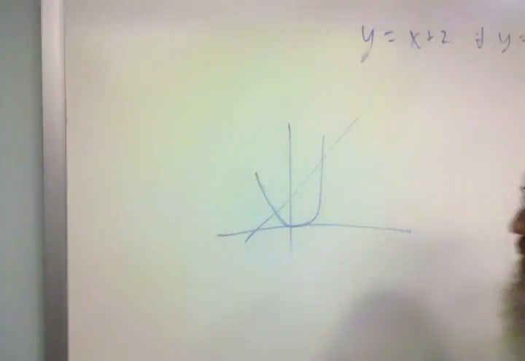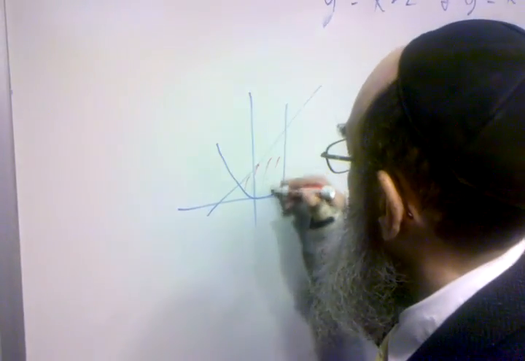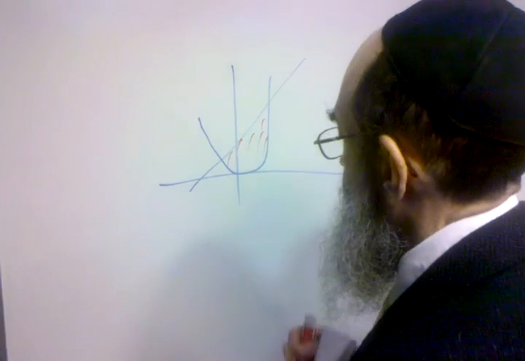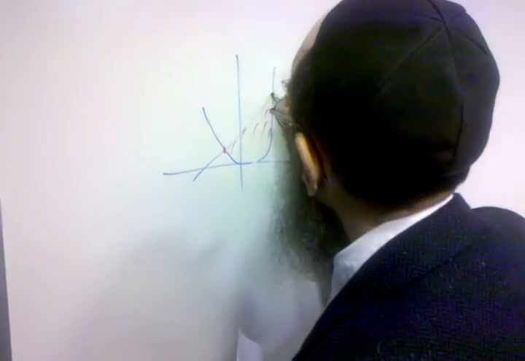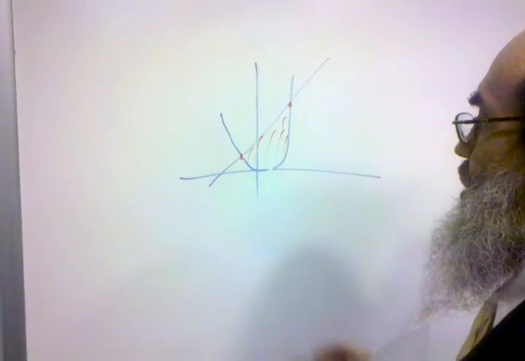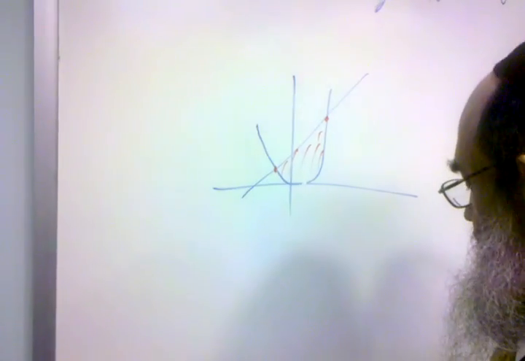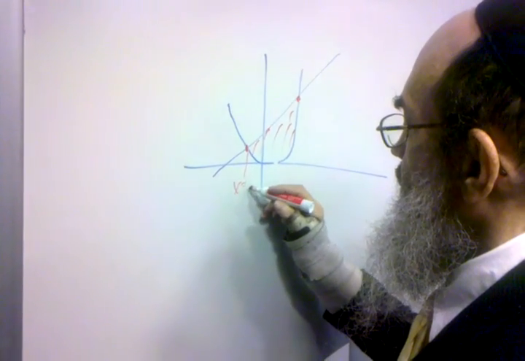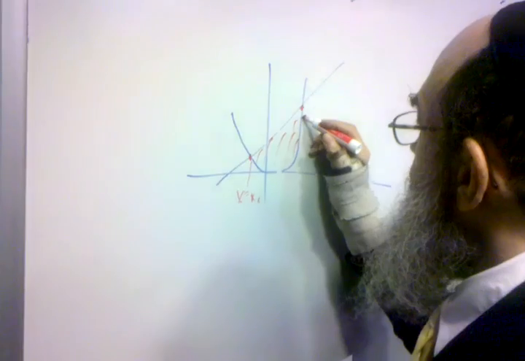To find the area between the curves, I need to be able to find this point right here and this point. And the area is going to be an integral going from x is this value, whatever this x value is. I'll say this x is x1, and this x is x2.